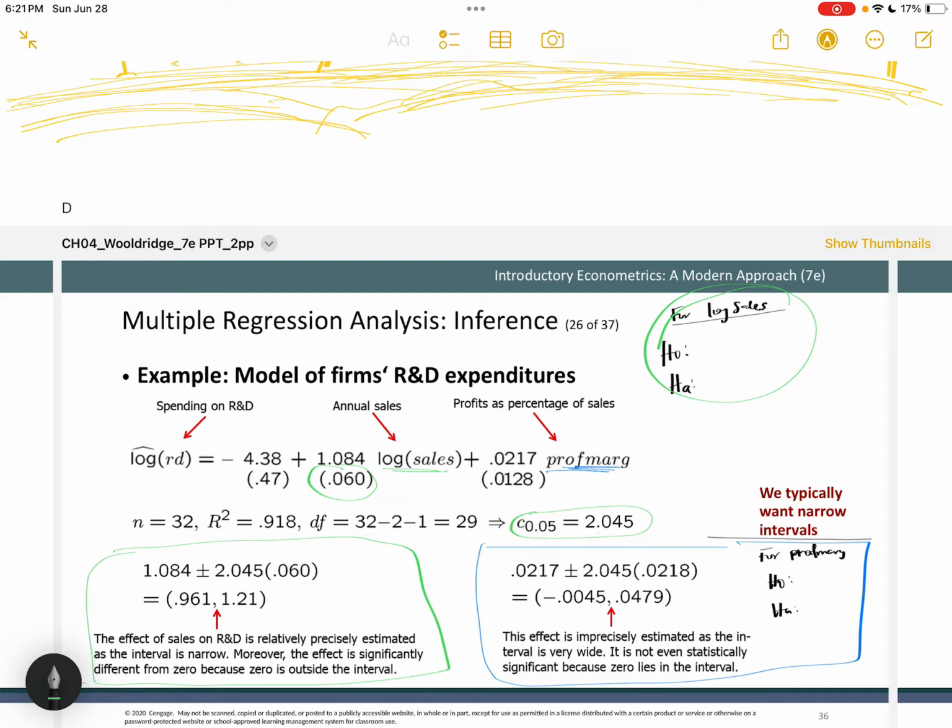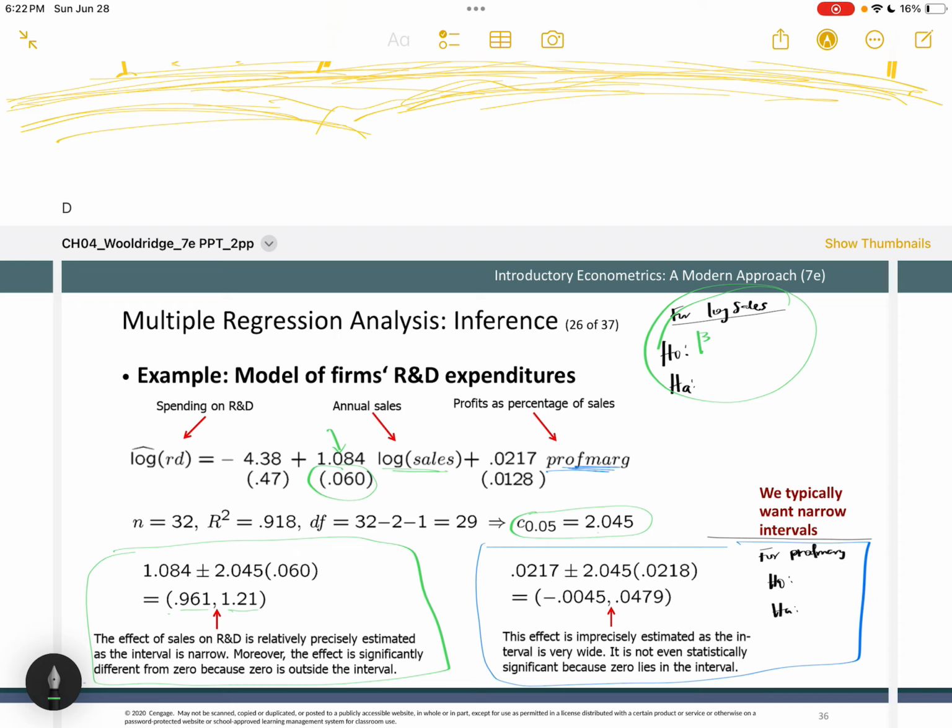So we take the critical value and multiply it by the standard error of the coefficient on annual sales, and then we add and subtract on the left side the estimated coefficient, 1.084, and then we find our lower bound and our upper bound. Our lower bound is 0.961, upper bound 1.21.